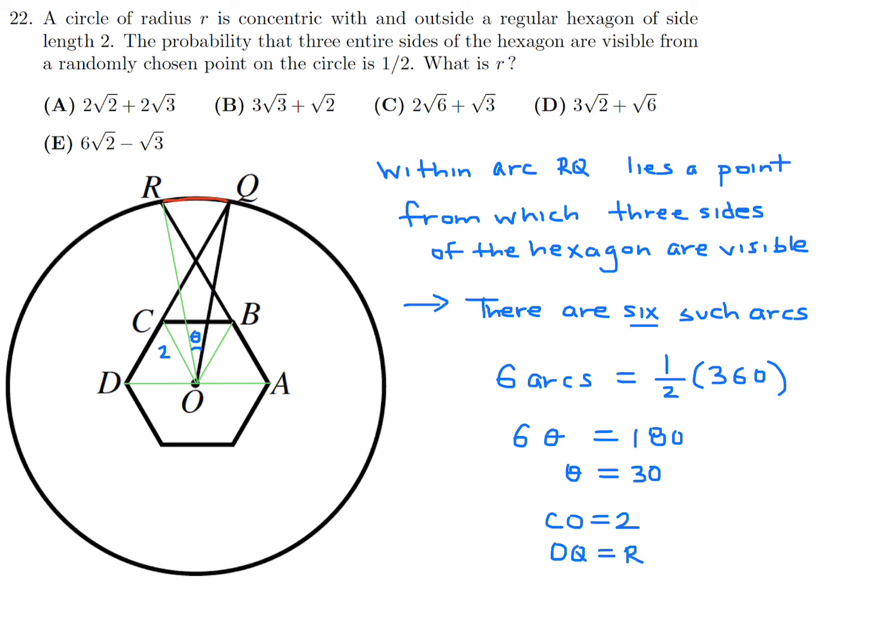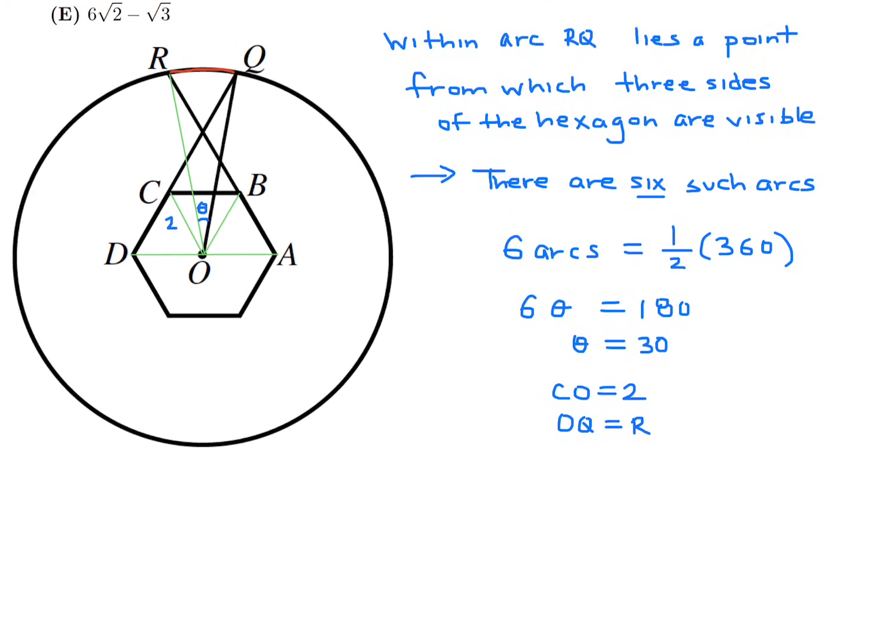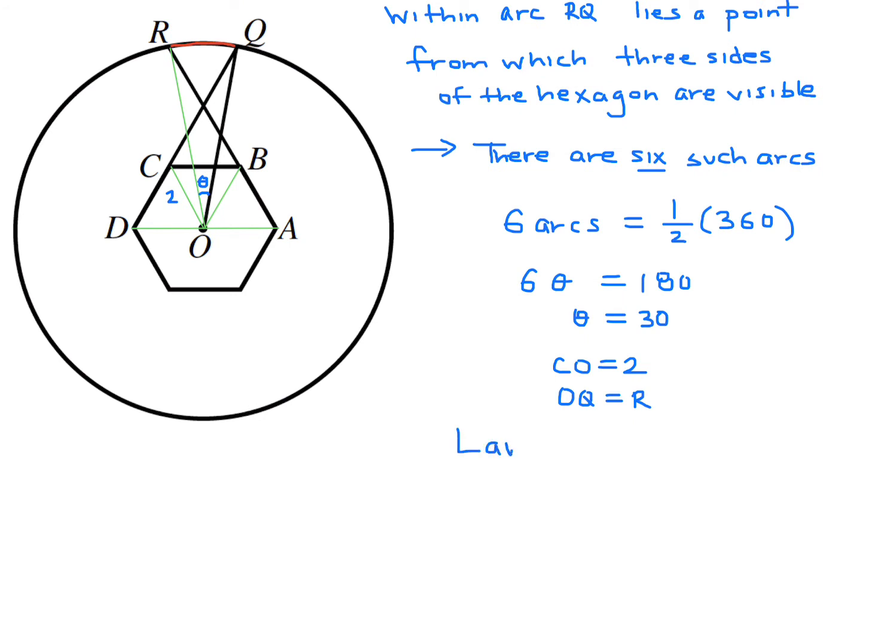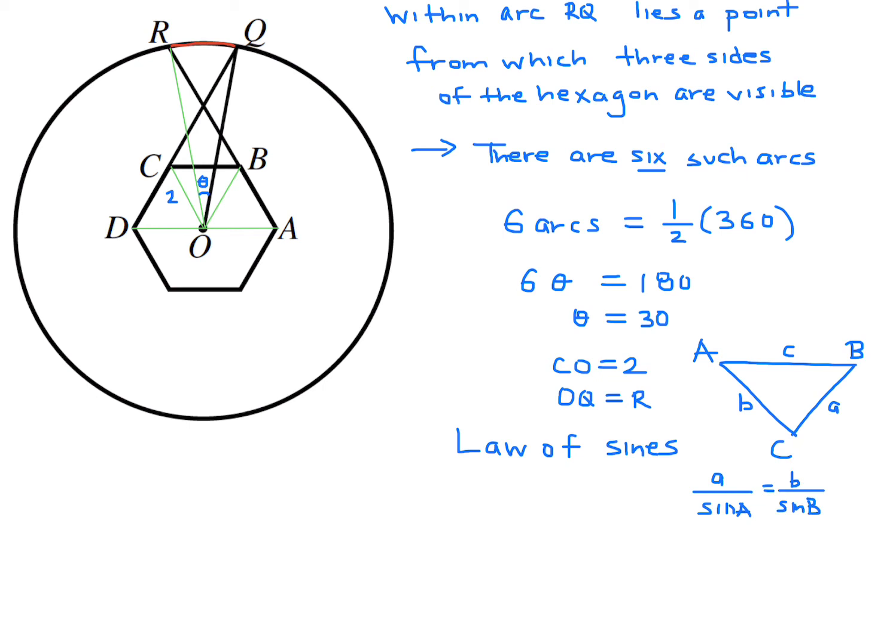All right? So we are going to use the law of sines to figure this out. Now, if you're not familiar with the law of sines, which I certainly hope you are, if you have a triangle, let's say A, B, C, and this is the length C, length B, and length A, then A over sine A is equal to B over sine B is equal to C over sine C, like that.